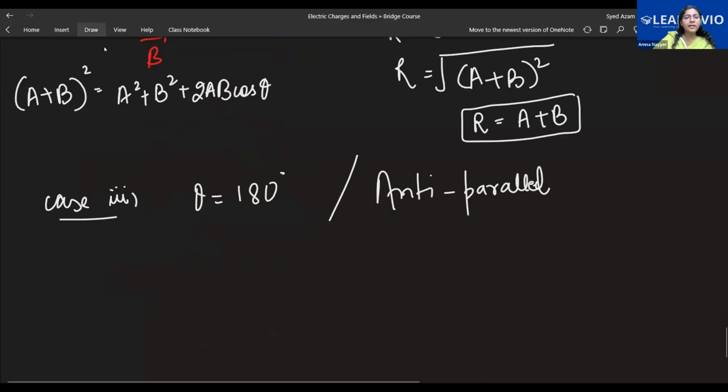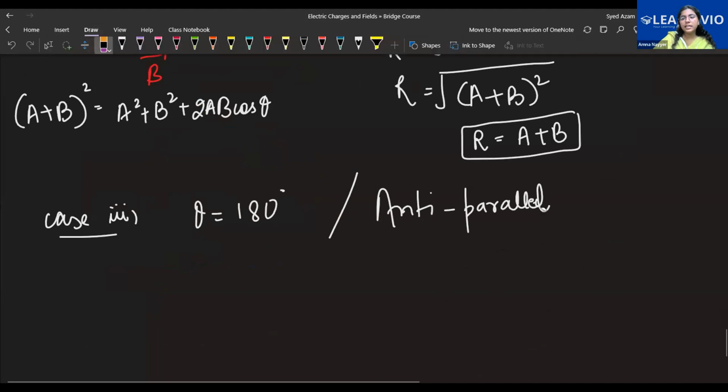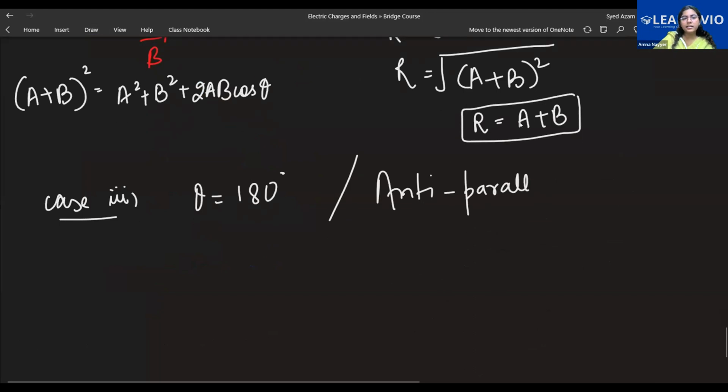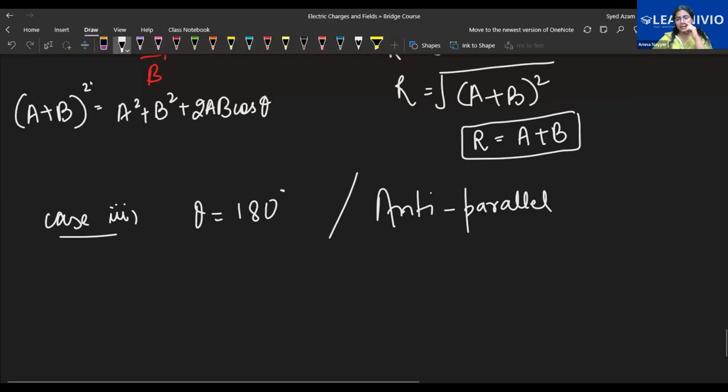So if you have a question with theta is 180 degree, do you remember cos 180 degree? Cos 180 is -1. Yes. Revise the trigonometric values, otherwise it will be a little difficult for you.